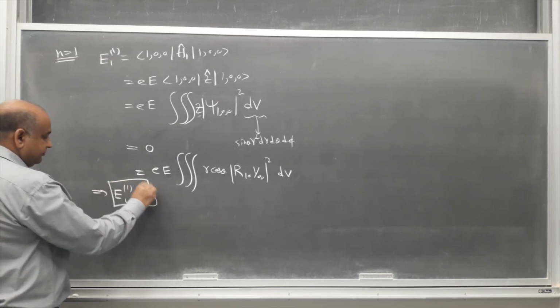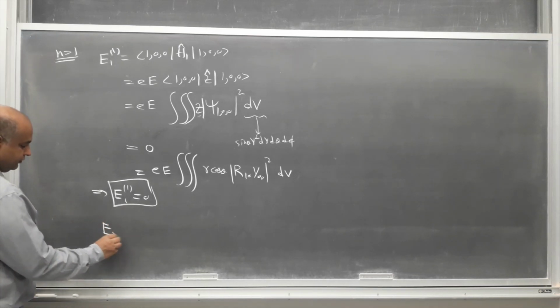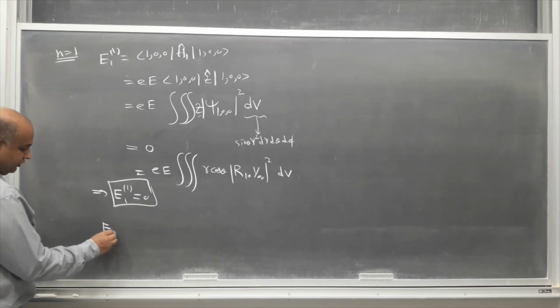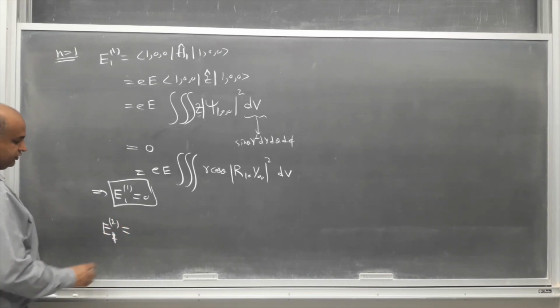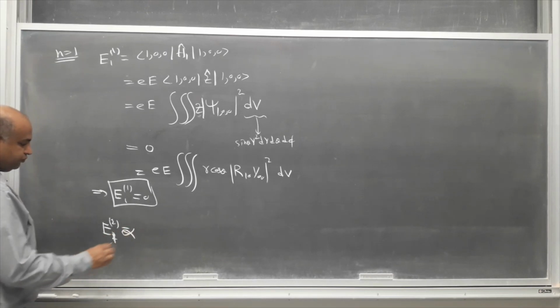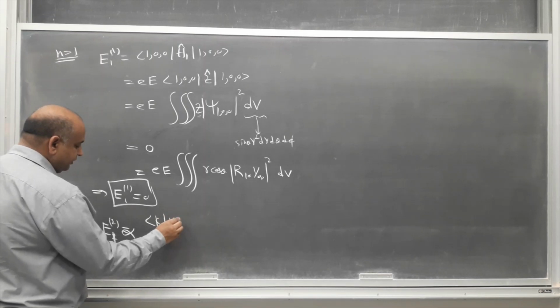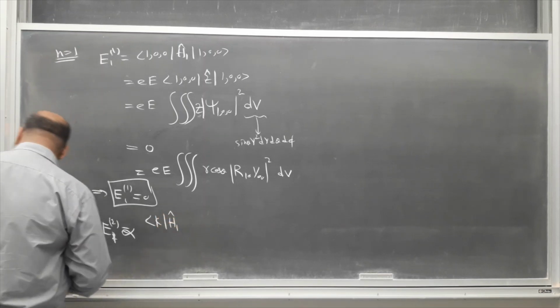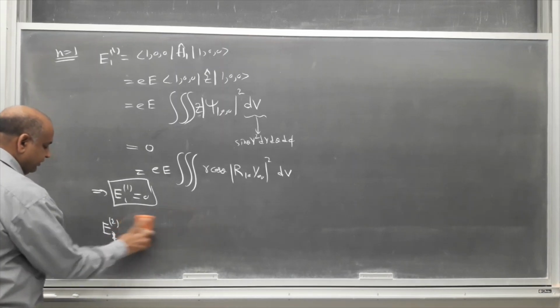Anyway, this means that the first order correction is 0, and this also means that we can compute the second order correction. Let's write it explicitly.